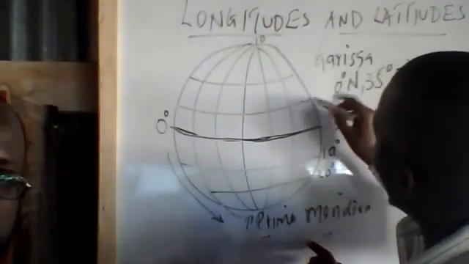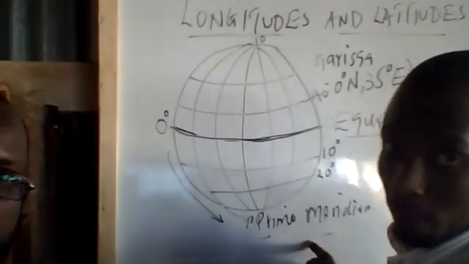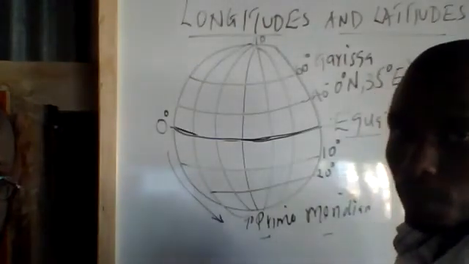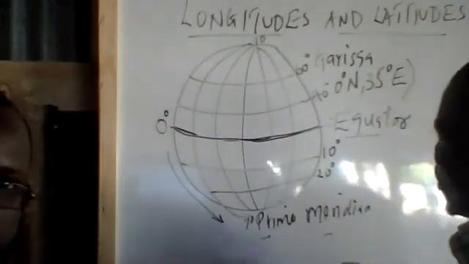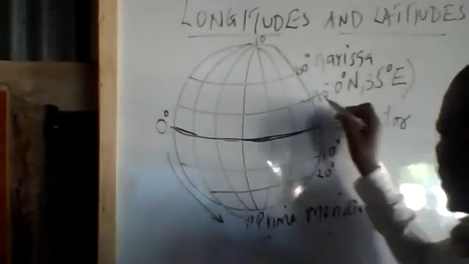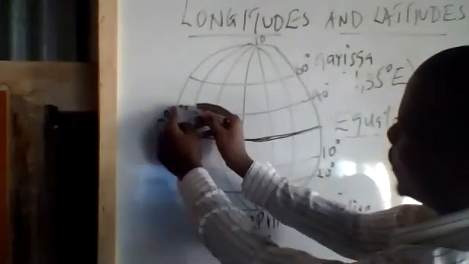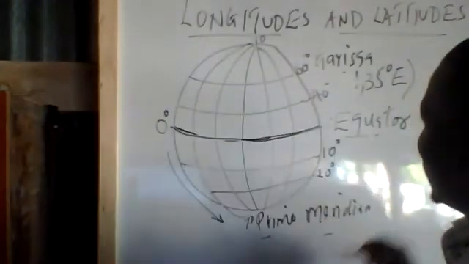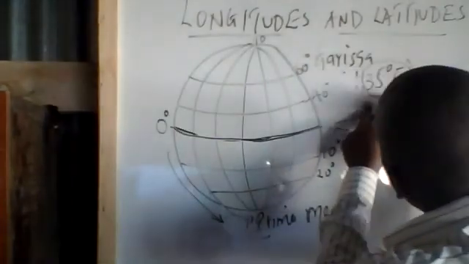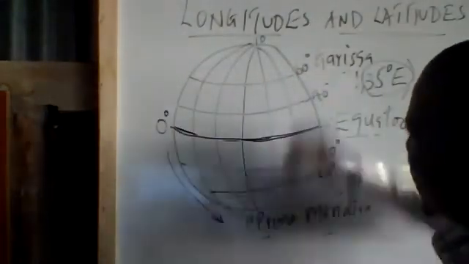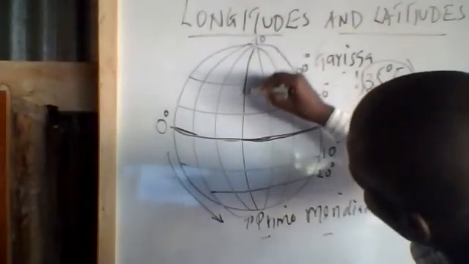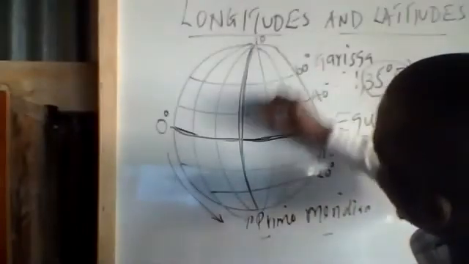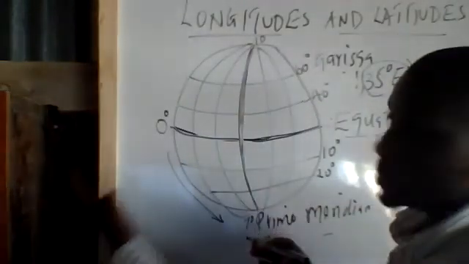So tuseme, for example, let our 40 degrees be there, and also let our 60 degrees be at that particular point. Therefore, we will be able to realize that 40 degrees north will be found at this particular line. Now, I want you to understand also that this line we call the prime meridian is a line which divides the left side from the right side.